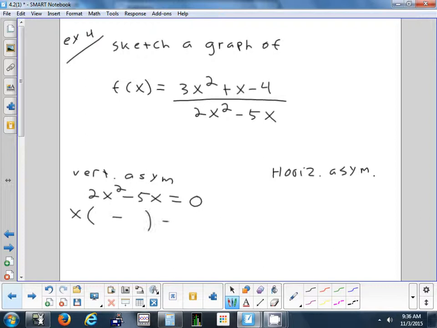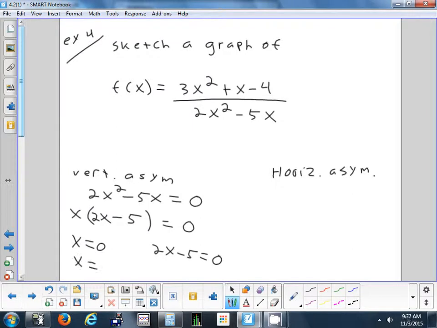And what am I left with? 2x minus 5. Yep. If I wanted to plug in a number to make this first factor 0, what would I plug in? 0. Yeah, just 0. And if I wanted to plug in a number to make the second factor 0, 5/2. Plus 5 divided by 2.